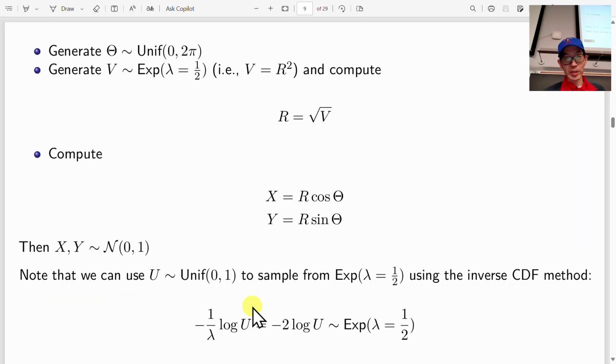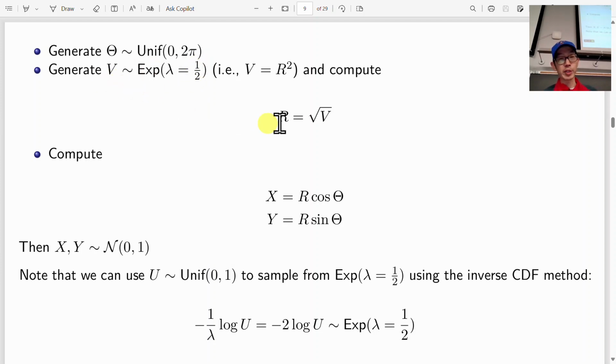What does that mean then? We are going to generate a uniform value from 0 to 2 pi, which we can do. Then we're going to generate a random exponential with rate parameter lambda 1/2.